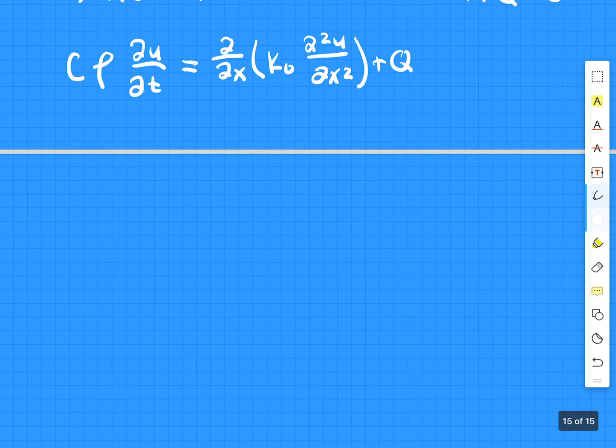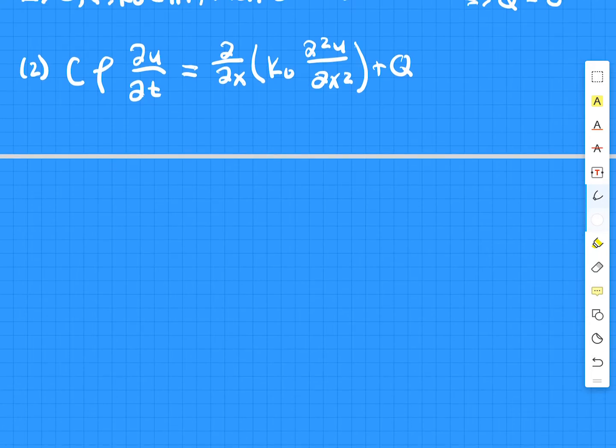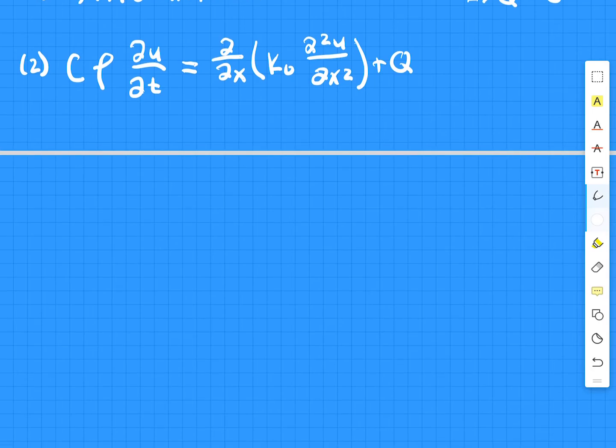Going off this, we can shrink down the equation to something a little bit more palatable if we move over our constants C and rho, and perform that differential operation on our second derivative of u on the right hand side.